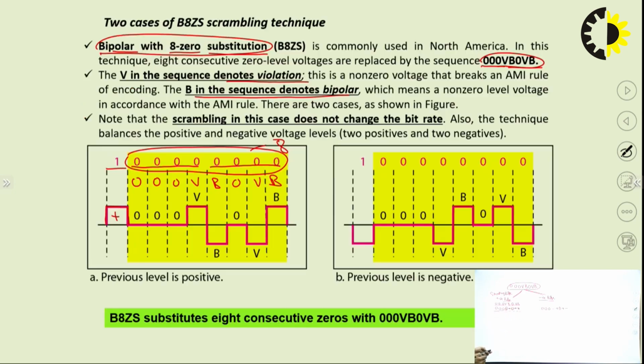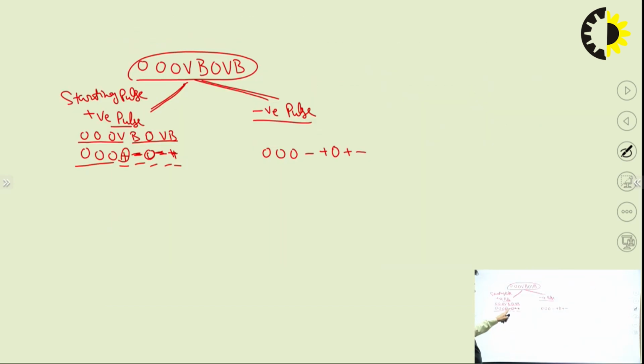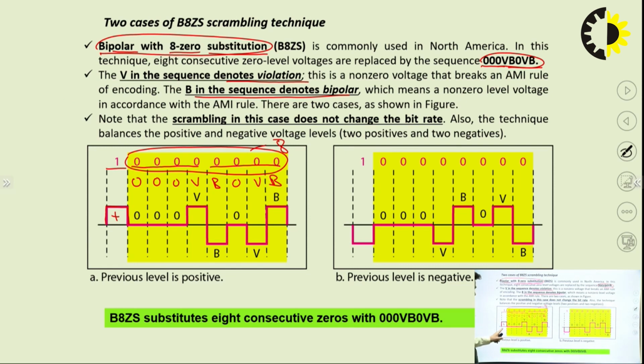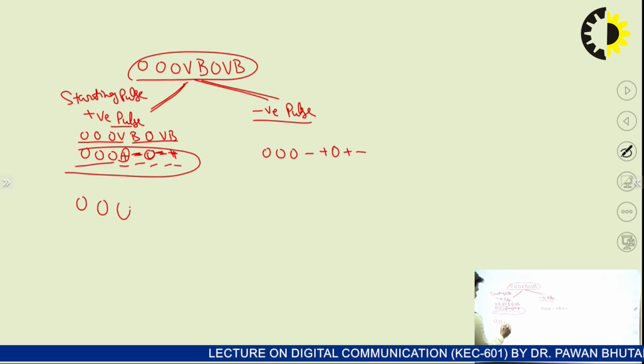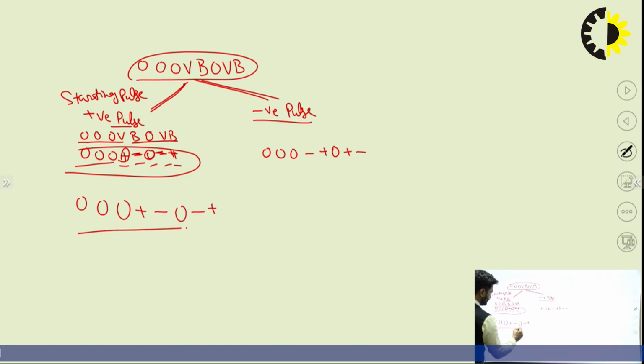Now see in this example. 000VB will be replaced by 0 0 plus, which means we have to show positive voltage here. Now B0VB will be shown by the negative 0 negative positive. Always remember, when the level is positive we have to replace by this term, that is 0 0 0 positive negative 0 negative positive, by this kind of pulses.